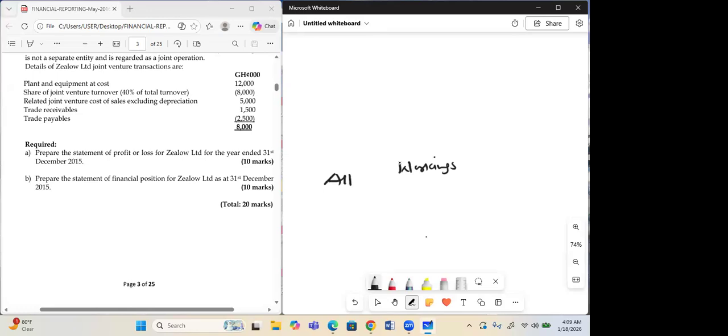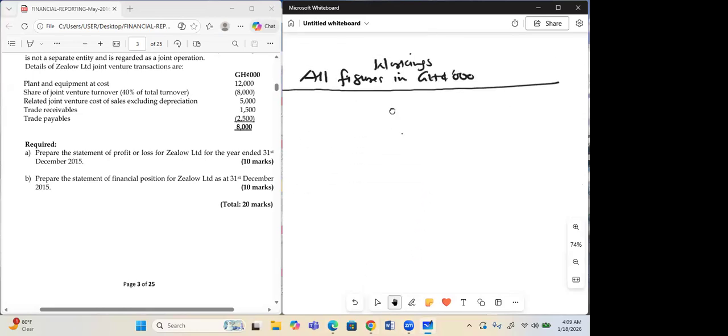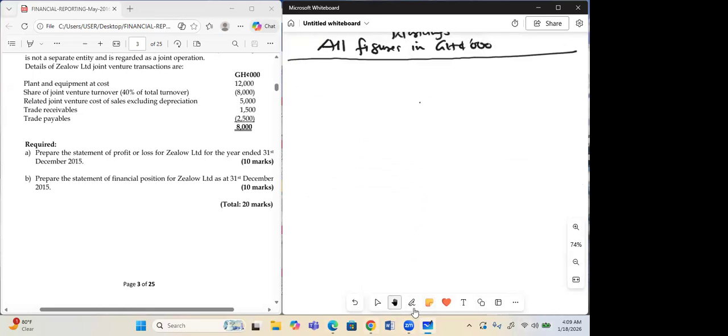I put all figures in thousands of Ghana cedis so that I don't waste my time. So let's begin. Now you leave the statements down, then you begin your workings.